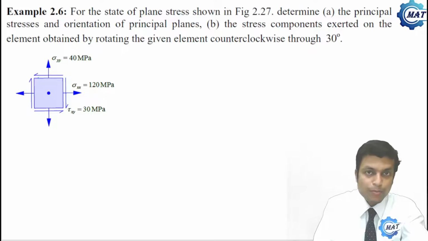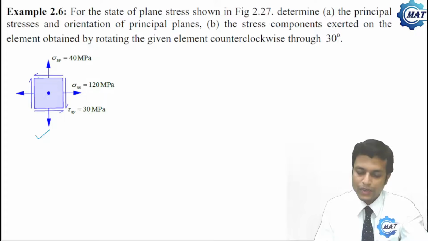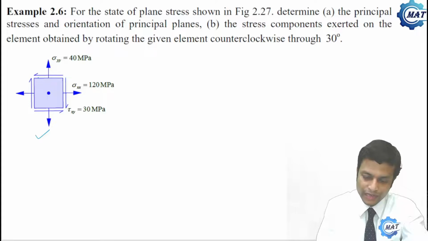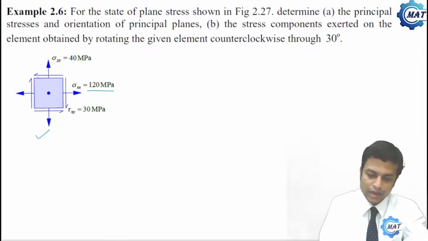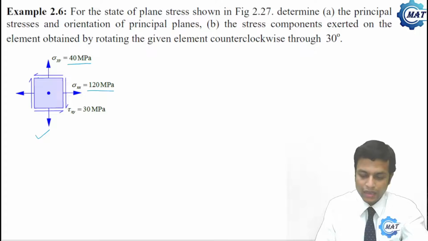For the state of plane stress shown in the figure, determine problem A, that is the principal stresses and orientation of principal planes. And in the figure it is given sigma xx is 120 MPa, sigma yy is 40 MPa, and tau xy is 30 MPa.